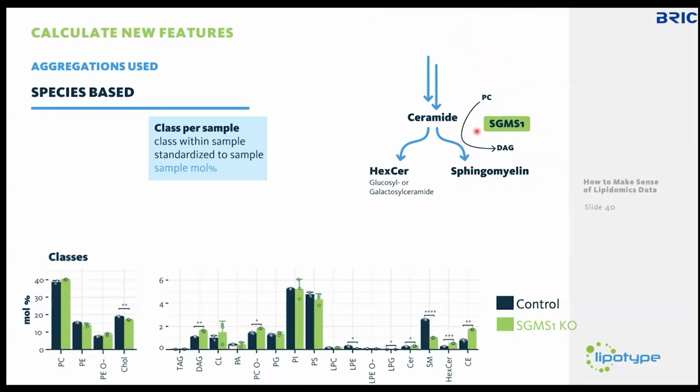But we would also expect that if this arrow doesn't work anymore, that ceramides should be increased, and we actually also see them moving up a little, not that much, because what actually happens is that ceramides are strictly controlled, and we suspect that all these lipids that would have moved down to the sphingomyelin actually now move down to the hexosyl ceramides, which are the glucosyl and galactosyl ceramides, and also that you see. So the hexosyl ceramides are increased in this case.